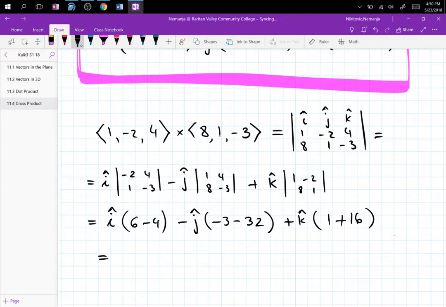The answer is 2I, this is minus 35, so plus 35J hat plus 17K hat.